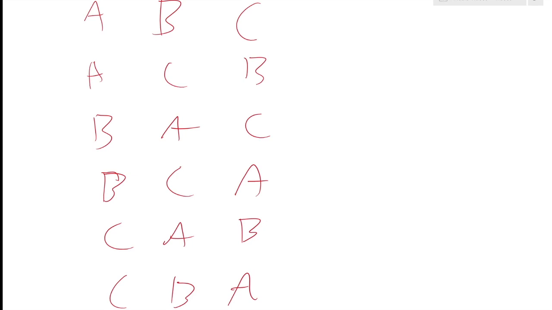But if it was just a qualifier, all 6 of these permutations are the same combination. It doesn't matter whether Alice comes first or third, or Bob wins or comes second, because the result is the same.